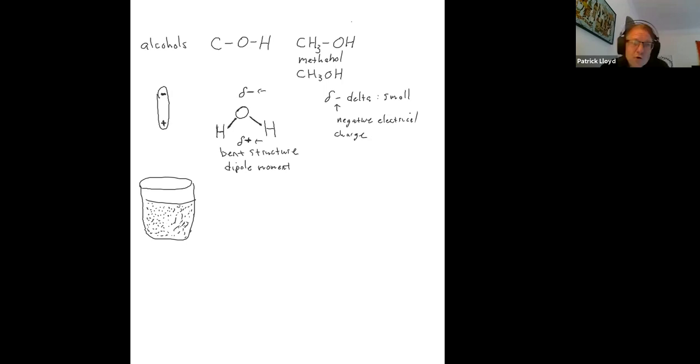So in general, they form specific arrangements around each other. They try to minimize the case where negatives are near each other and positives are near each other, and they try to arrange themselves so that the negatives are near the positives. So you end up with these interesting little arrangements. There's an internal structure to liquid water.